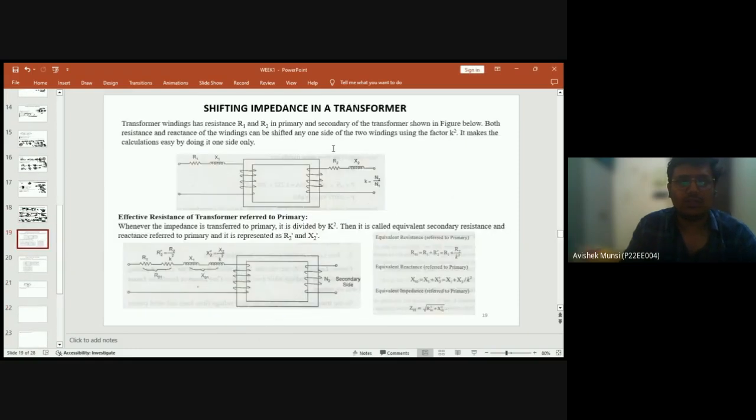To refer this, we have to know this formula, that if we are shifting, what will be the shifting in impedance in a transformer? So if this is a transformer and we have primary resistance and reactance as R1 and X1 and secondary as R2, X2, the turns ratio is N2 by N1.